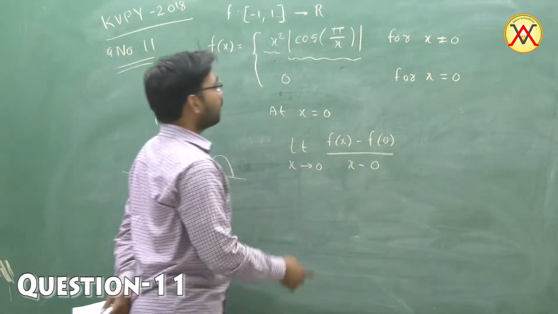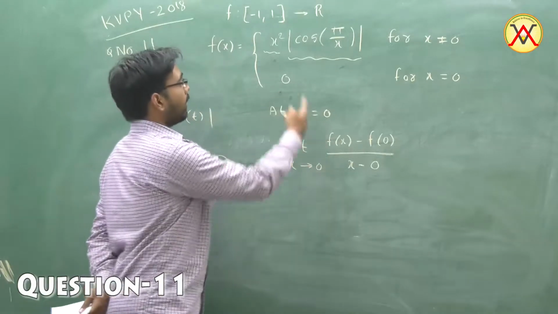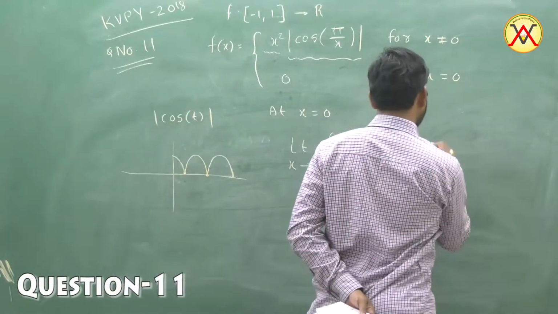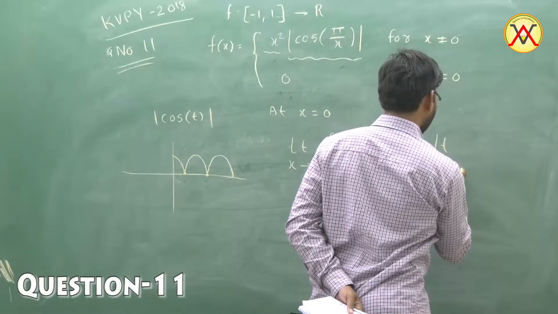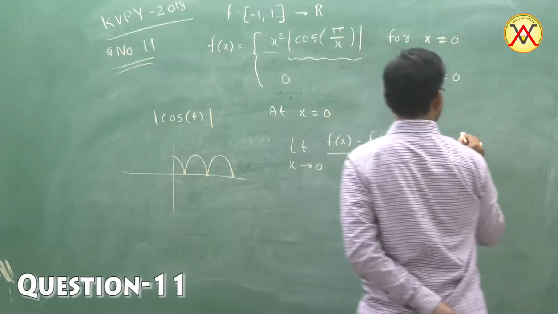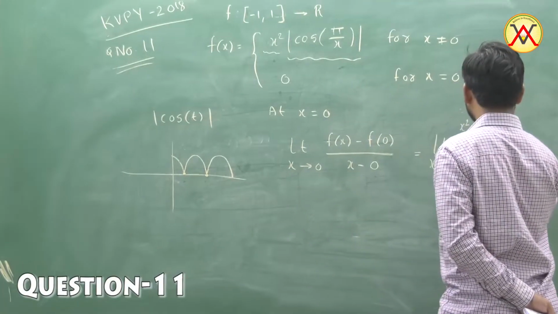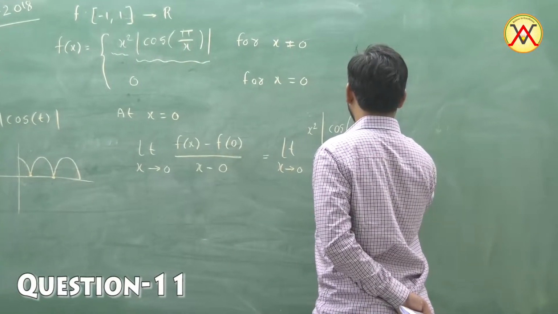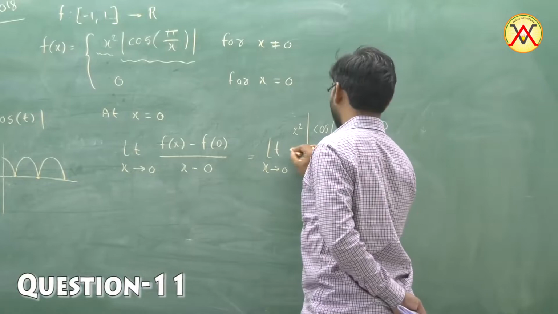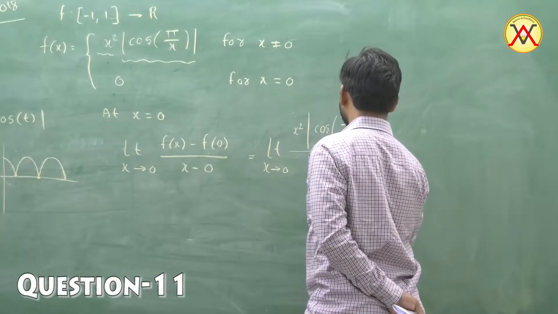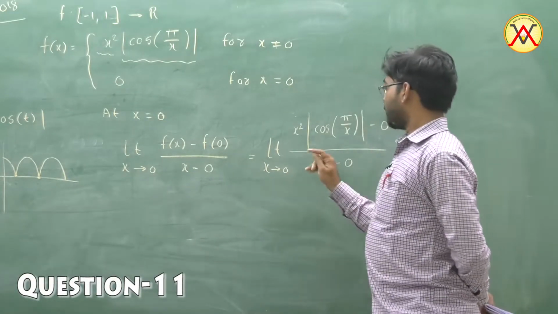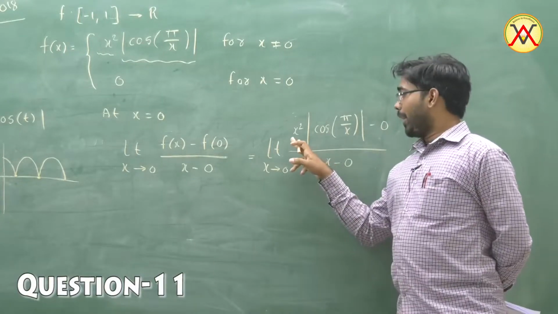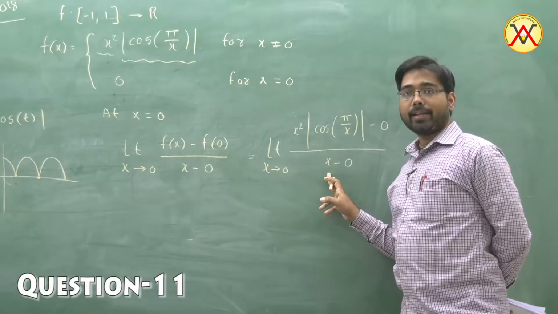So f(0) is 0, and f(x) is as given, so that is the limit as x tends to 0 of x square mod of cos(pi/x) minus 0, divided by x minus 0. Here you see x square and x, one x will get cancelled.